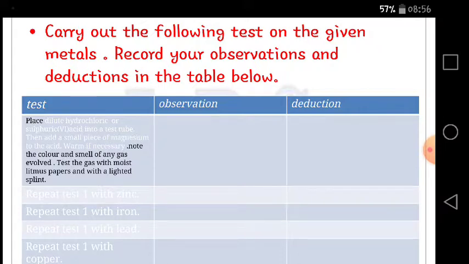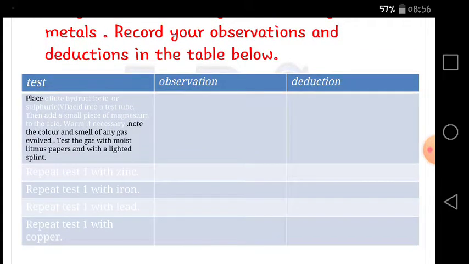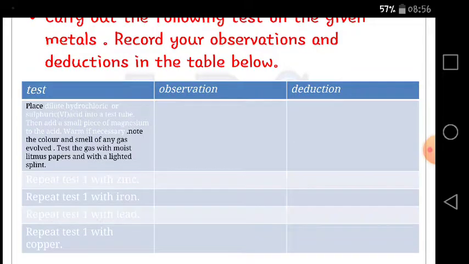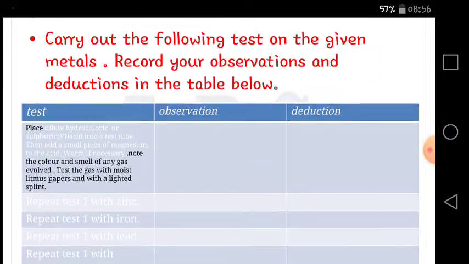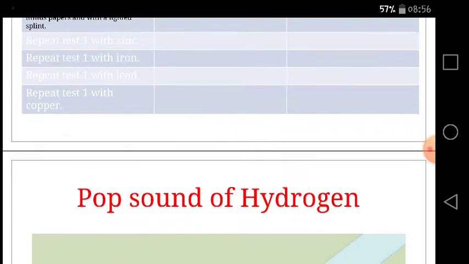We have to note down the deductions, and then repeat the same test with iron, with lead, and then with copper. Then we have to note down our observations and deductions in the table given in your book. So this is the procedure which we are going to follow.